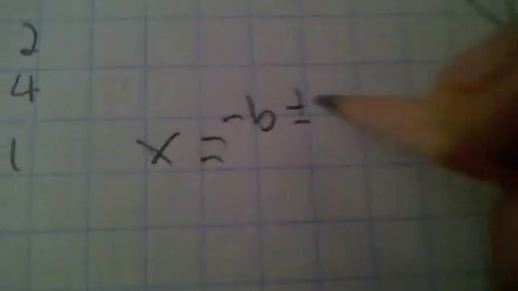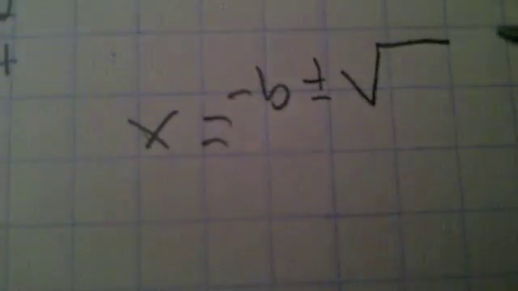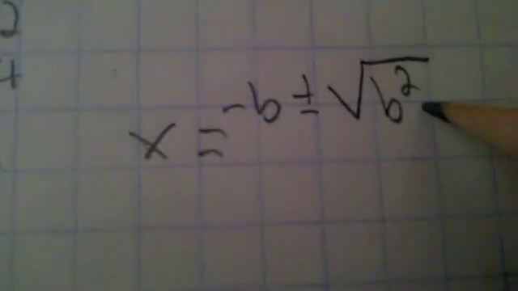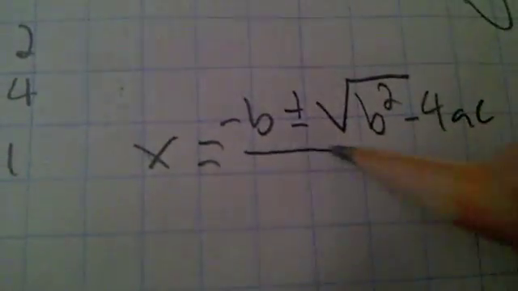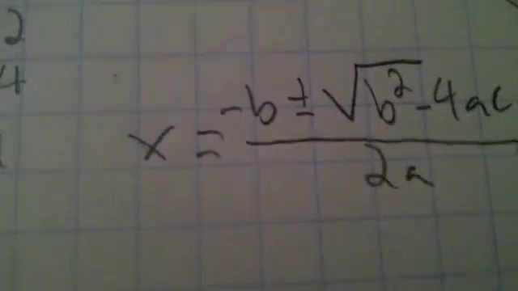So it's x equals minus b plus or minus the square root of b squared minus 4ac, and all this divided by 2 times a.